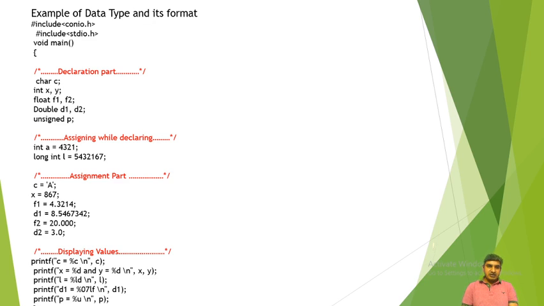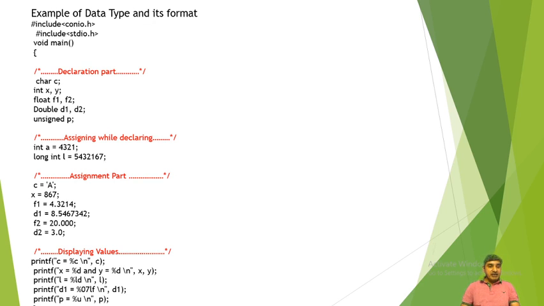Float f1 is considered as 4.3214. Then double float d1 is considered as 8.5467342. Then second float f2 is 20.000.